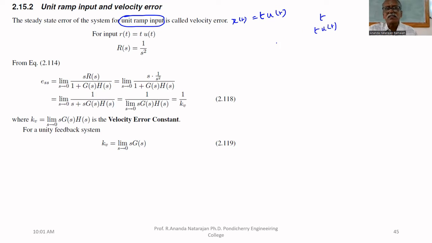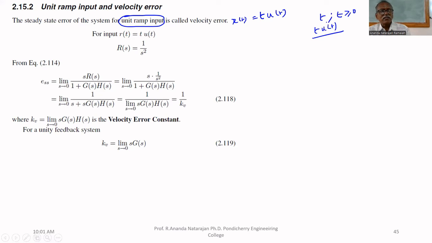It is only a positive sided signal. If you put it like this, the meaning is R of t equal to t when t is greater than or equal to 0.